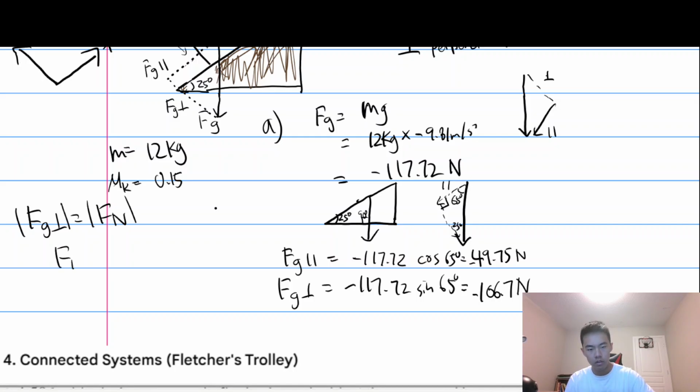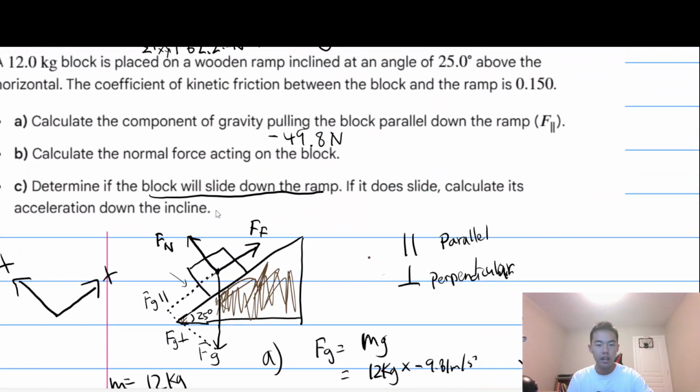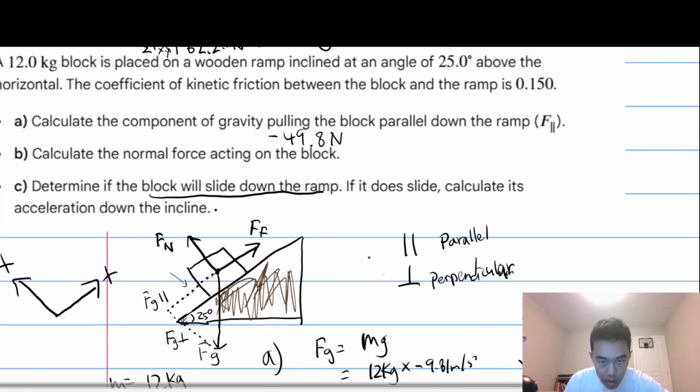So force normal is equal to 106.7 newtons. Now, because it's three significant digits, they would want us to round to 107 newtons. But I'll just leave this here because 6, 7.